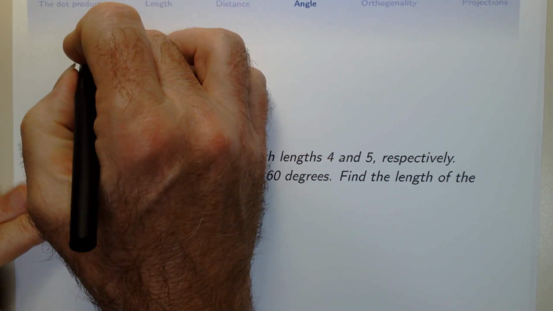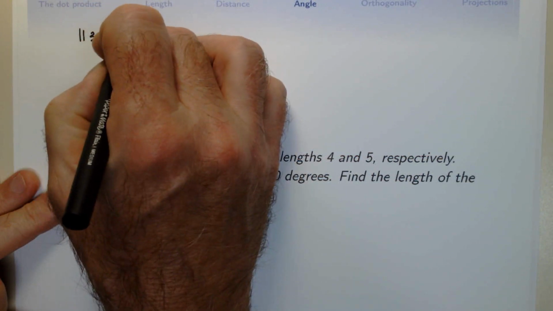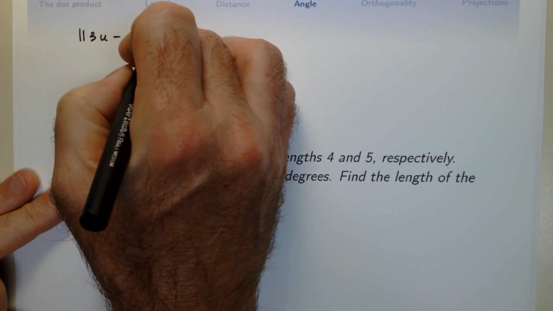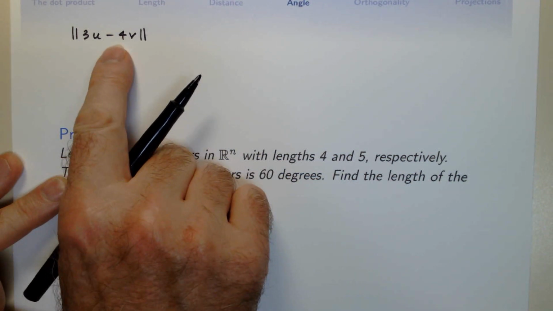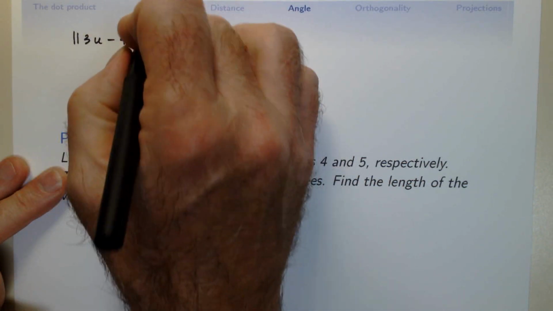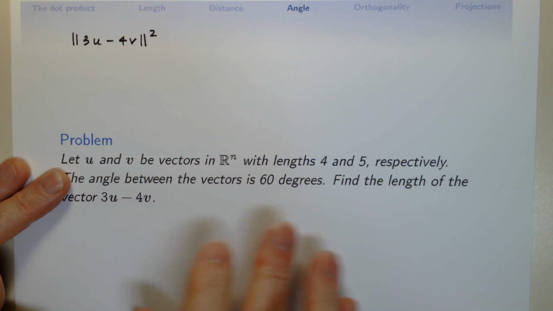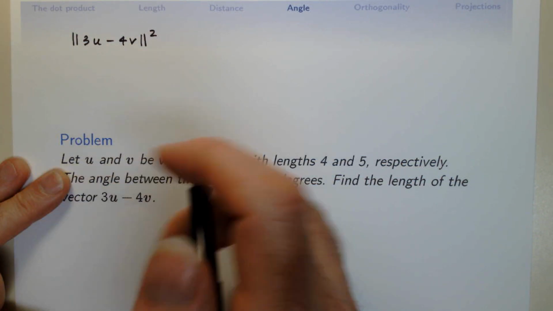We're going to try to find the length of 3u minus 4v. Now it turns out the first key insight is it's actually much easier to find the length of this vector squared. And the reason is because we have a way of expressing the length of a vector squared in terms of the dot product.